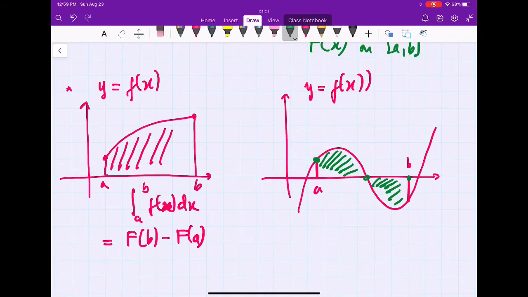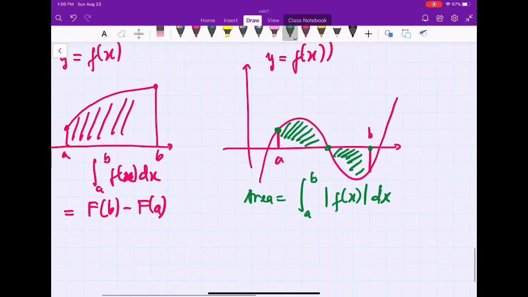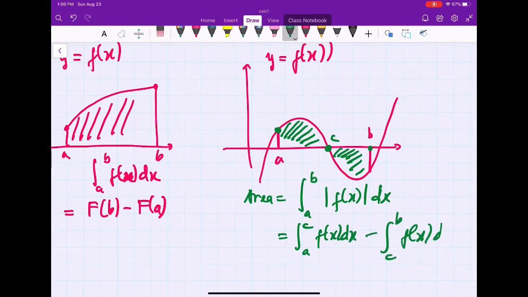So in order to find the area of this, I need to take the integral from a to b of the absolute value of the function. Or in this case, I need to break the integral into two integrals if we have one intercept c in between a and b. So that should be equal to the integral from a to c of f(x) dx minus the integral from c to b of f(x) dx.